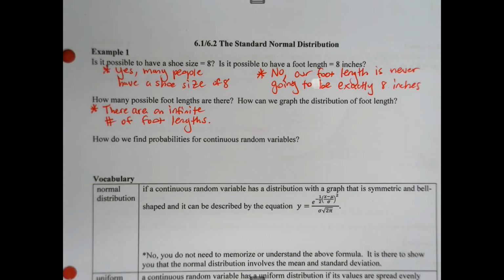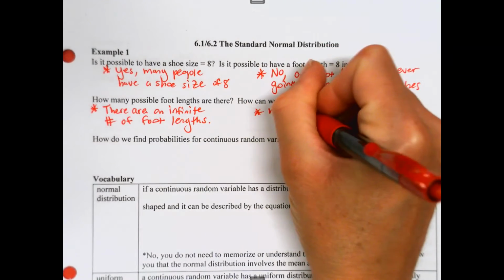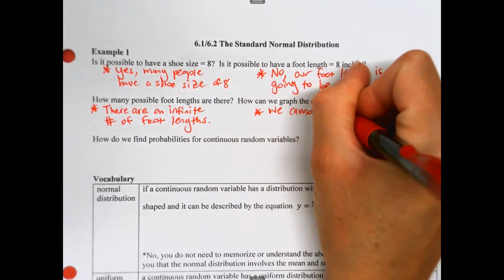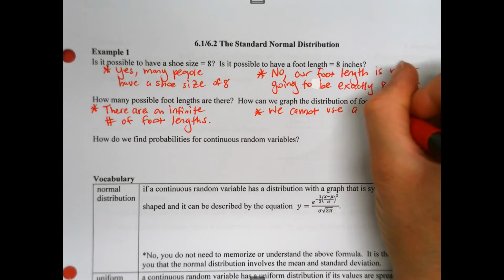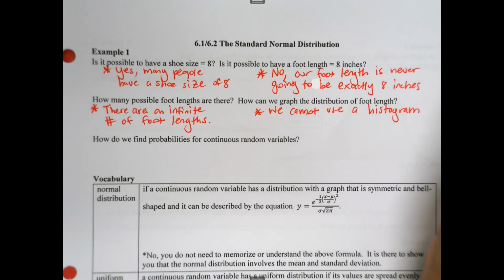But here, if we made a histogram, because there are an infinite number of foot lengths, it's not going to work all that well. So the way that we graph it is we use what they call a density curve. We couldn't use a histogram because there would be an infinite number of skinny bars.